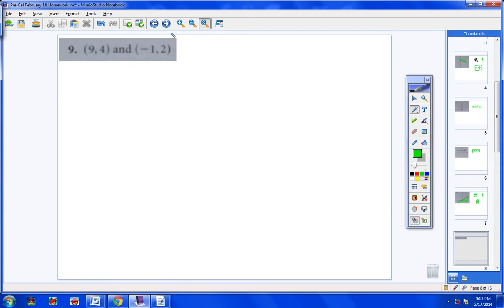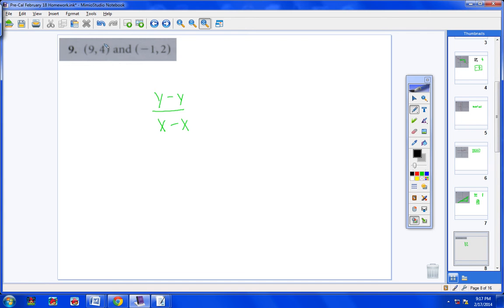Now, whenever you're given 2 points and not the graph, and you're asked to find the slope of the line that passes through those 2 points, the formula you're always going to use is y minus y over x minus x. So with that in mind, here we go. By the way, it doesn't matter which y value you put in first.